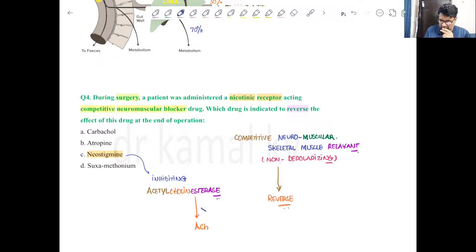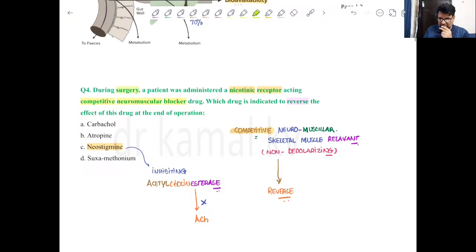So if you inhibit this enzyme, obviously there will be a high level of acetylcholine at the neuromuscular junction, and therefore there will be overcoming of the effect of these competitive neuromuscular muscle relaxants.